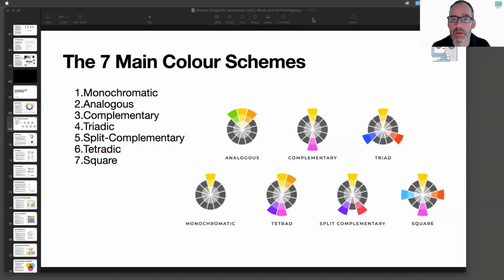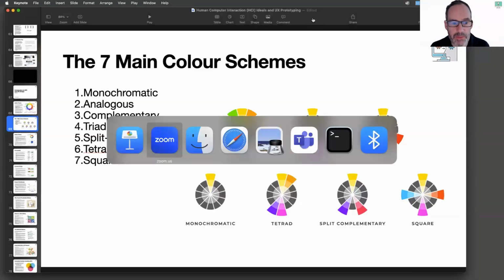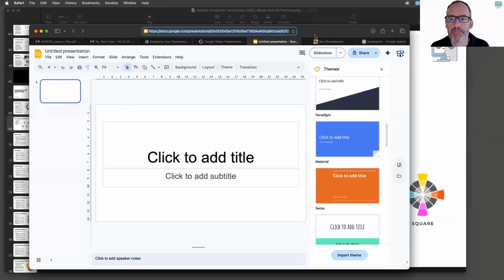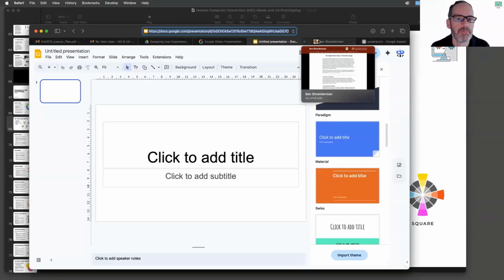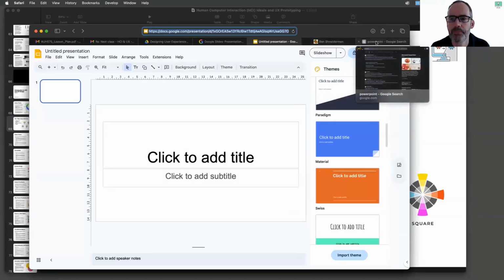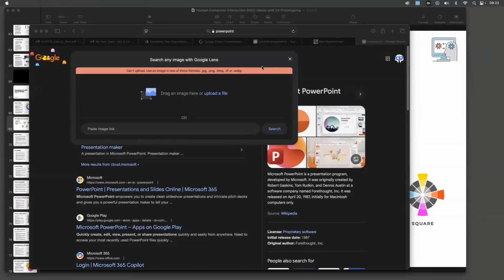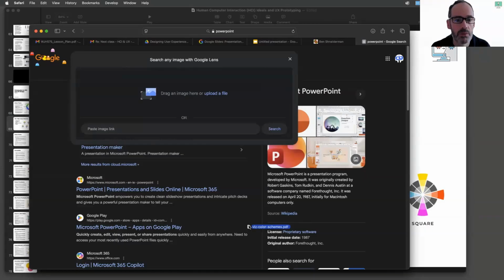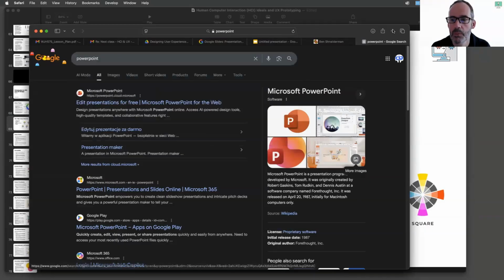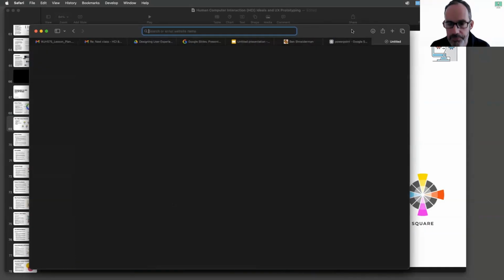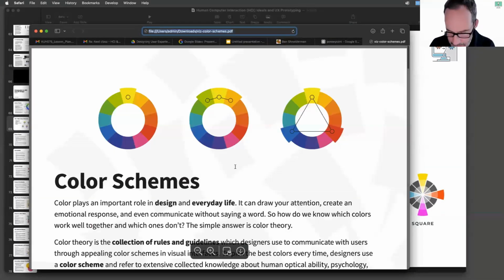So have you got that? Have you got the PDF? You got it? Excellent. So I'll pop it up on screen here. I'm not going to go through every single part of it.